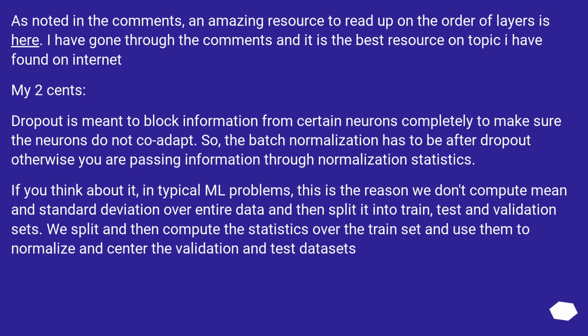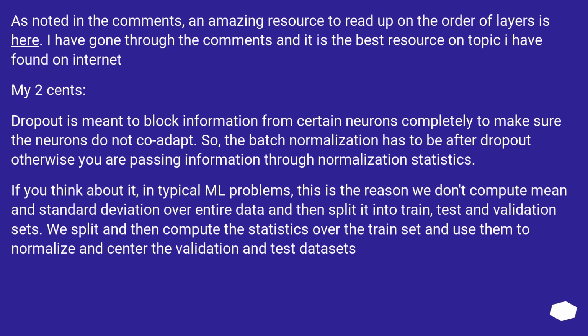As noted in the comments, an amazing resource to read up on the order of layers is here. I have gone through the comments and it is the best resource on the topic I have found on the internet. My 2 cents: dropout is meant to block information from certain neurons completely to make sure the neurons do not co-adapt.